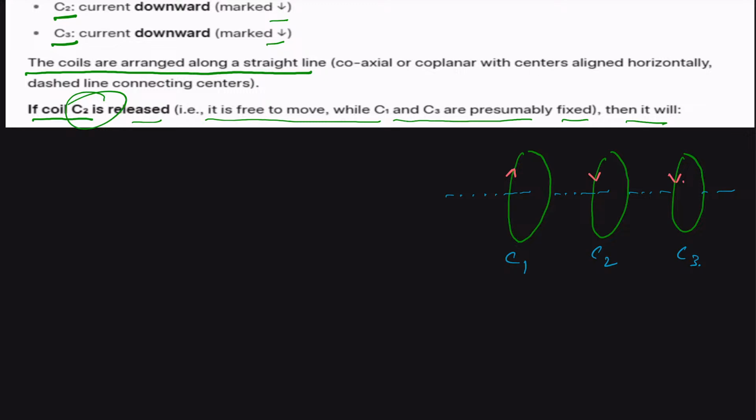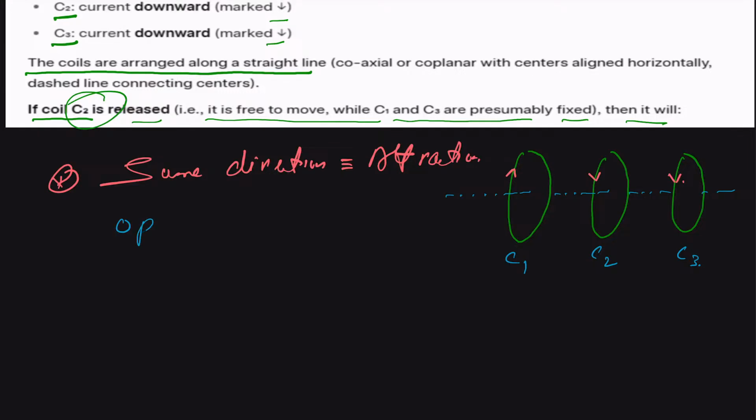So the same thing we are going to use here. We know that the same direction gives us attraction, and the opposite direction results in repulsion.